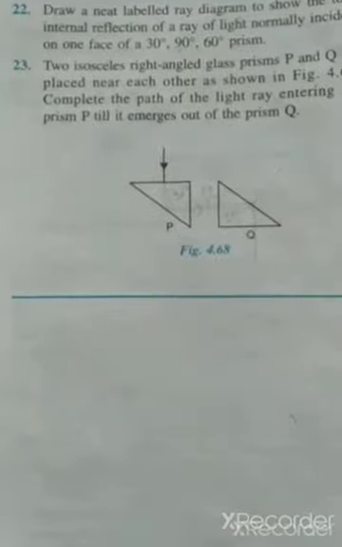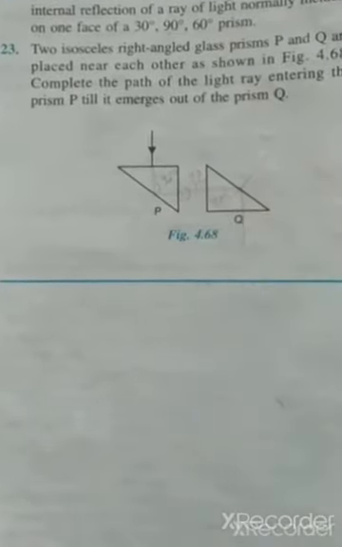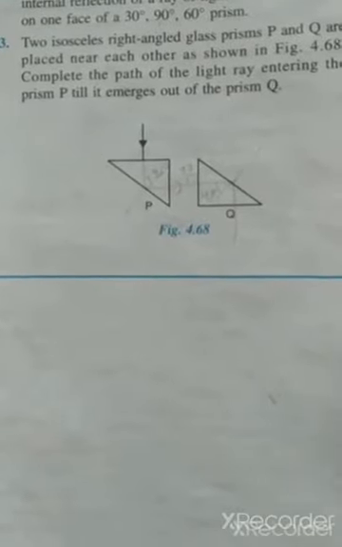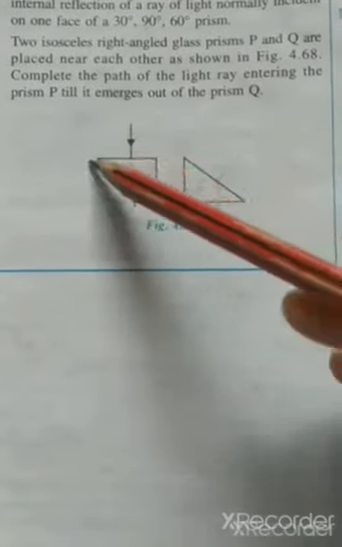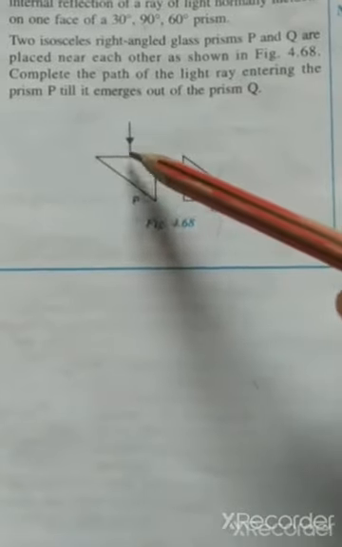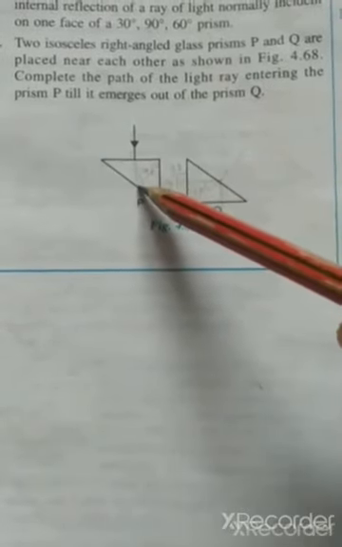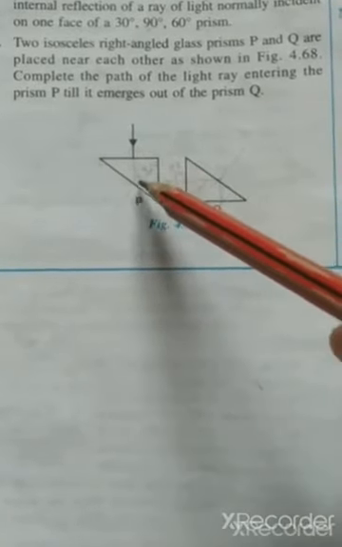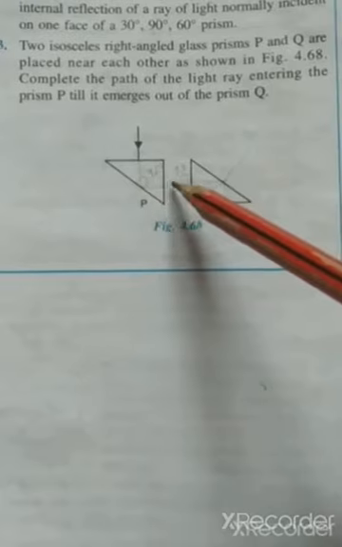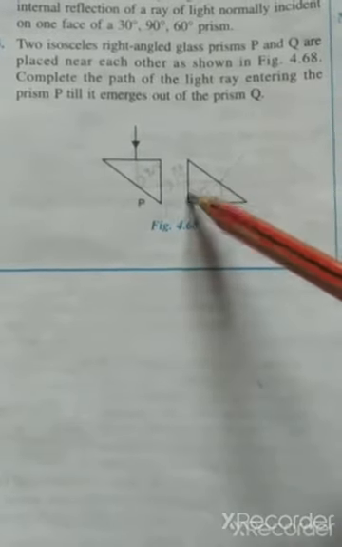Now question number 23. Sometimes the question is given of two prisms and you have to complete the path of the ray of light. It's very simple. When the ray of light strikes on this face, we know that a 90 degree deviation will take place, so it will come and strike on this face. Here the angle of incidence will become 45 degree, so total internal reflection takes place, it emerges out and strikes on this face of the prism normally.